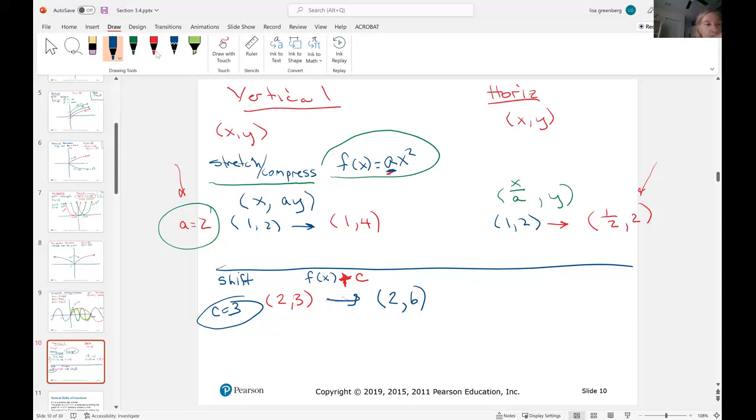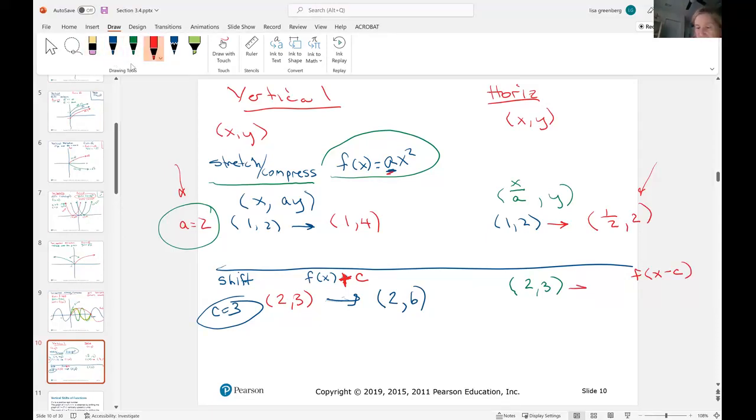Over here, horizontally, if I start with 2, 3, what I'm going to do is have f of x minus c, where c is still 3.